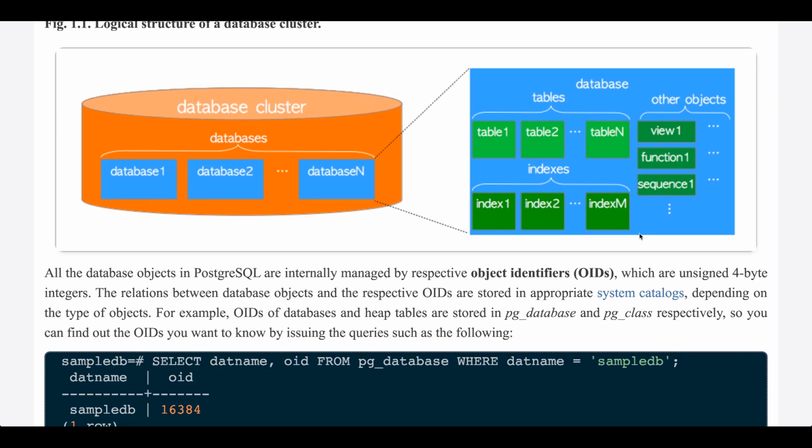All database objects in Postgres are internally managed by respective object identifiers, OIDs, which are unsigned 4-byte integers. The relations between database objects and their respective OIDs are stored in appropriate system catalogs, depending on the type of objects. For example, OIDs of databases and heap tables are stored in pg_database and pg_class, respectively.